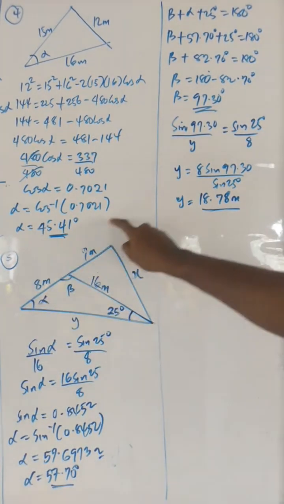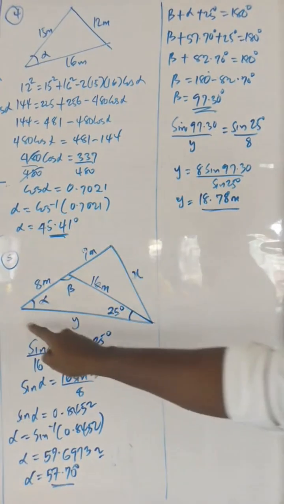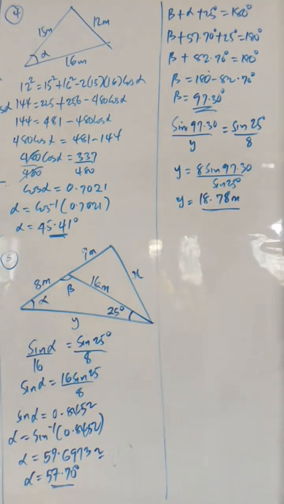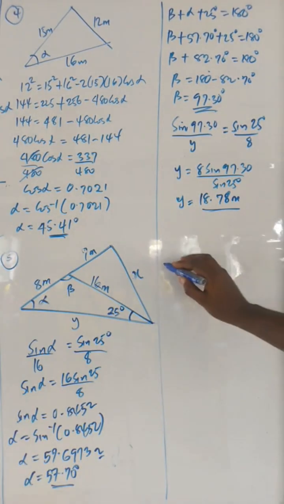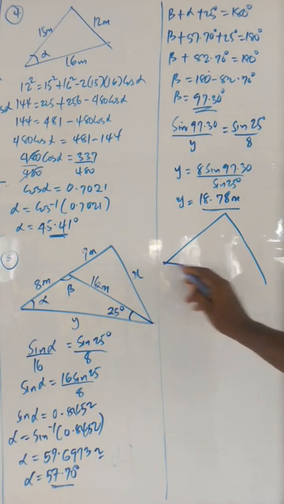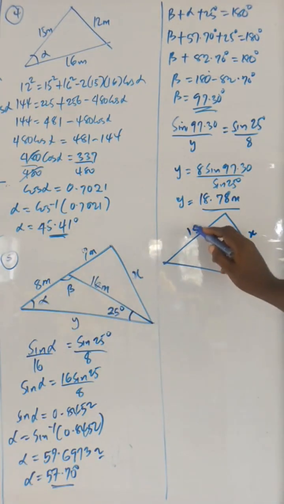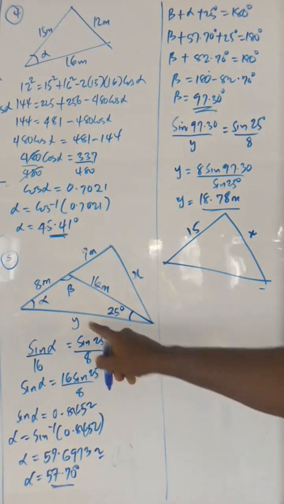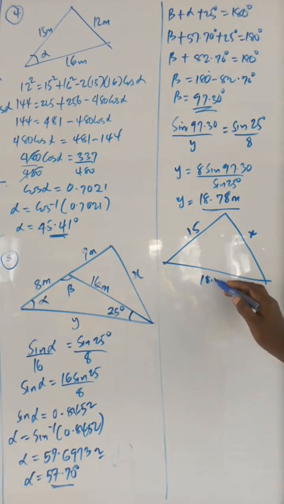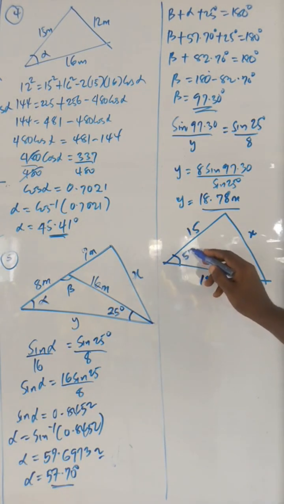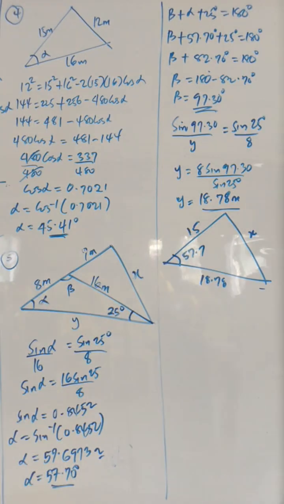This side is 15, 8 plus 7. This side is y, which is 18.78. You want to get x, this angle is alpha, which we've gotten already as 57.7. So let us draw a big triangle. This is x. Everything here is 8 plus 7, 15. Everything here is y, and y is 18.78. And this angle alpha is 57.7. So we can apply cosine rule.